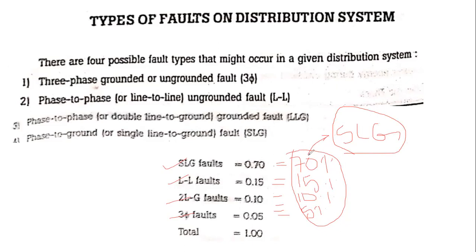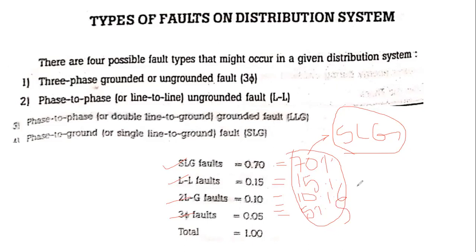If any insulation failure occurs in the phases, line to ground faults are easily obtained. The other faults are very rare, but they are very damaging to the system.